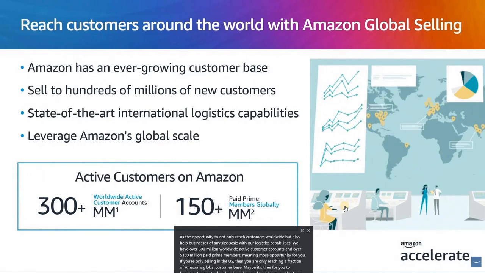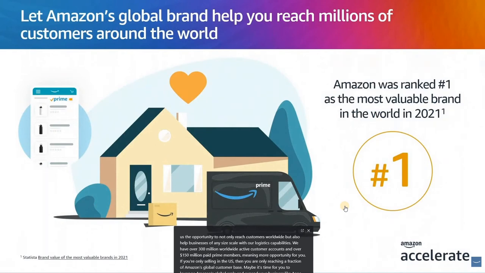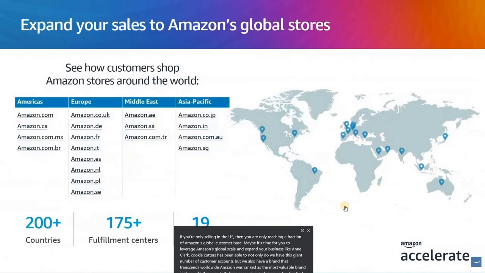Maybe it's time for you to leverage Amazon's global scale and expand your business like Ann Clark Cookie Cutters has been able to. Not only do we have this giant number of customer accounts, but we also have a brand that transcends worldwide. Amazon was ranked as the most valuable brand in the world this year. Let's learn more about what opportunities that means for you. We have Amazon stores worldwide, allowing selling partners like yourself to grow their reach.